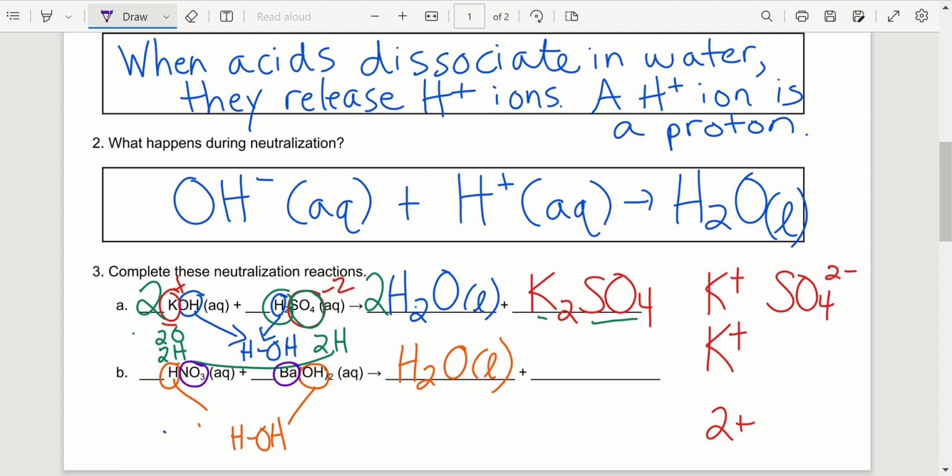So let's find a space. So Ba is 2 plus and NO3 is -1. So I need another NO3, right? That'll give me 2 negatives. So my formula is going to be Ba, and then in parentheses, I put the NO3, and I need 2 of them, so the parentheses goes outside.